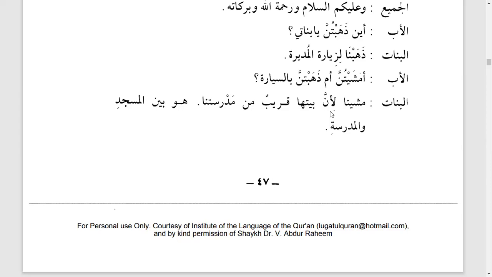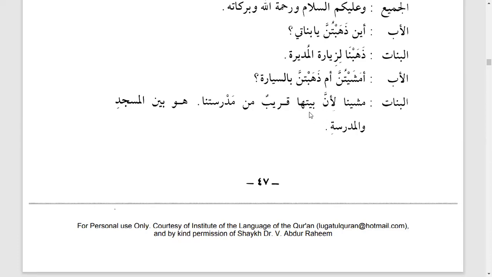Inna, anna, la'alla, lakinna, bi'anna, li'anna. So I guess you need to do a bit of practice, and please don't forget to write them down. If you write them down, inshallah, it will be very beneficial for you.